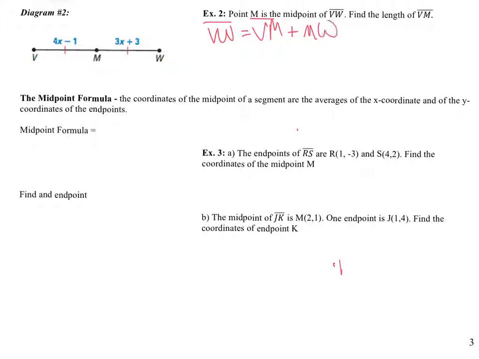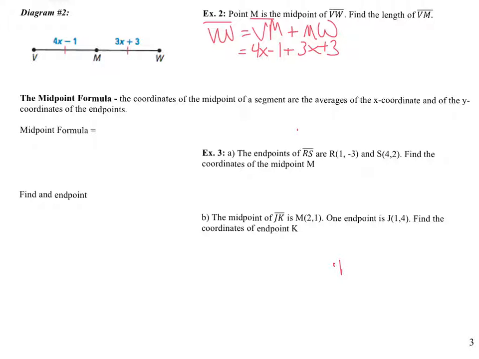Now if we look at this, we don't know what VW is, and we know VM is 4x minus 1, and MW is 3x plus 3. So we have that, but that really doesn't help us any.